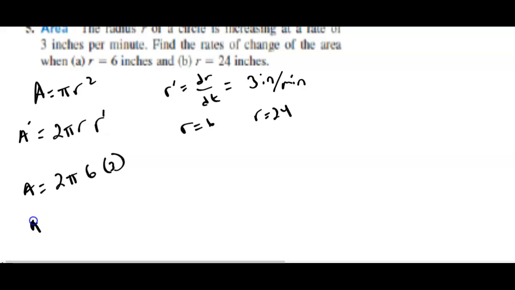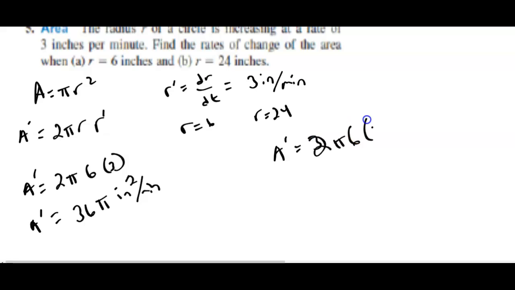So in this case, 36 pi inches squared per minute. And then if you want to do 24, it'd be 2 pi times 6 times 24, which is going to be, so 2 times 6 is 12 times 24 is 288 pi inches per minute.